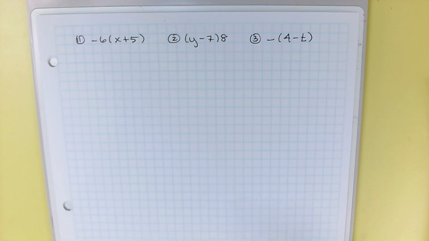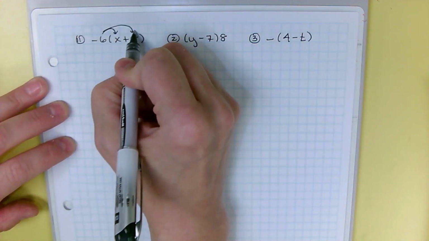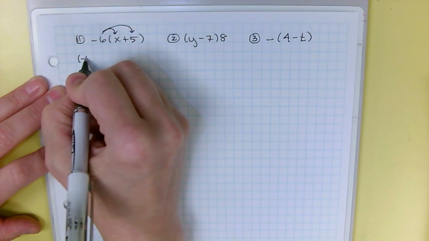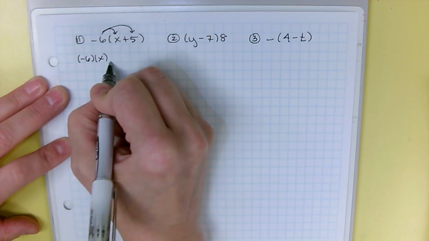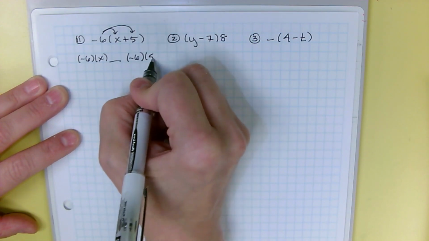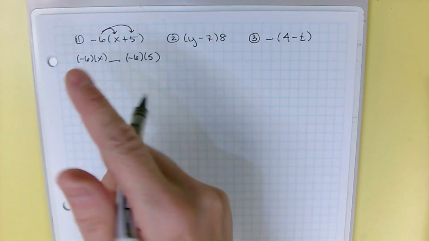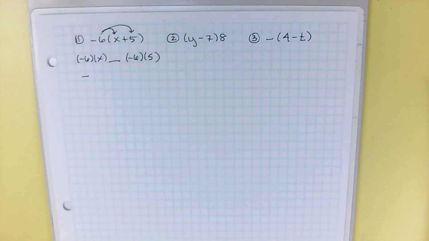All right, so the first one is the most normal. So we're going to distribute the -6. So you're going to have -6 times x, leave a space, -6 times 5. Always leave the space in between. Okay, negative times a positive is a negative.